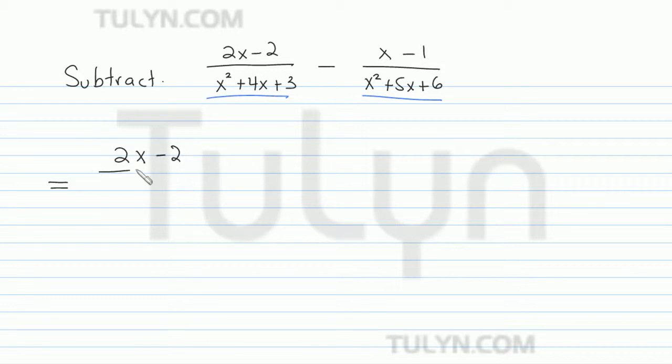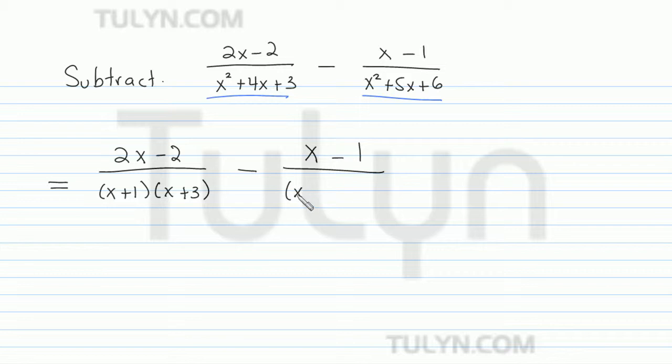So this is going to be 2x minus 2 over, factoring this becomes x plus 1 times x plus 3, right? Because 3 times 1 is 3, and 3 plus 1 is 4. And then the second denominator factors into x plus 3 and x plus 2, right?